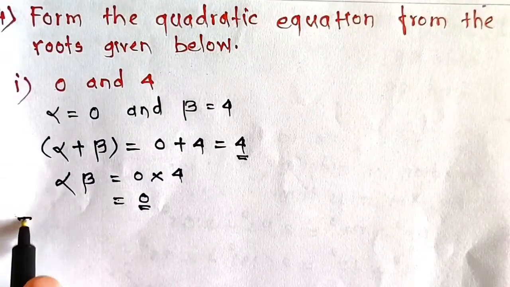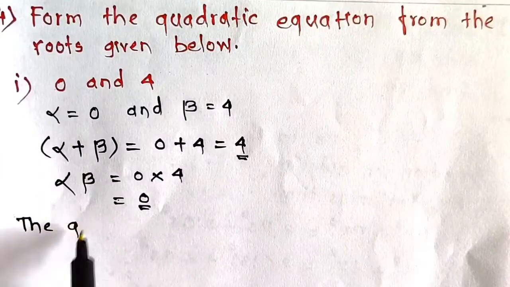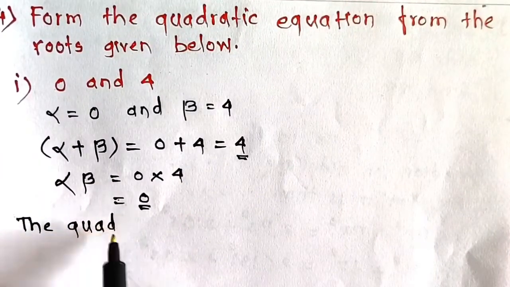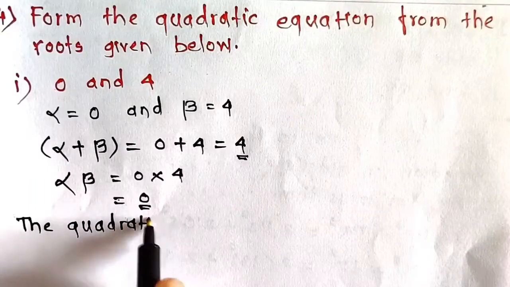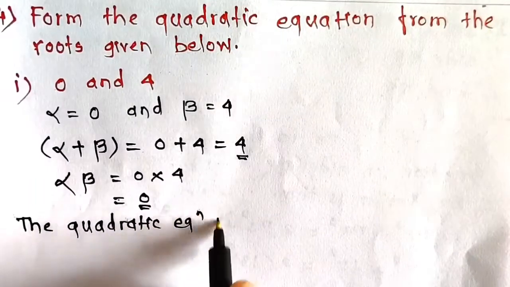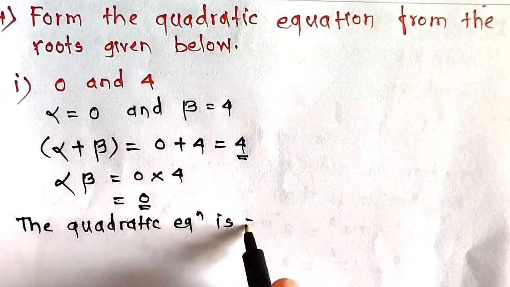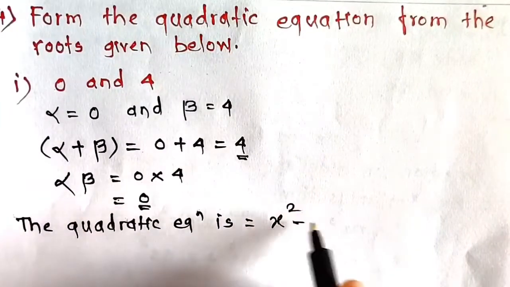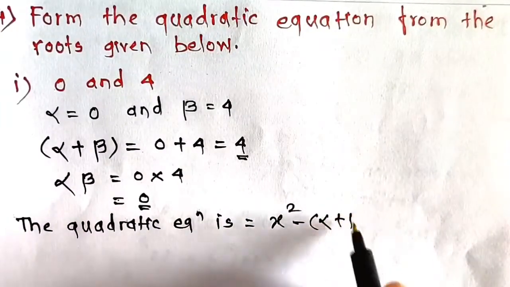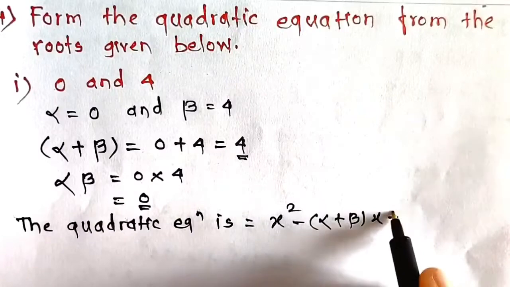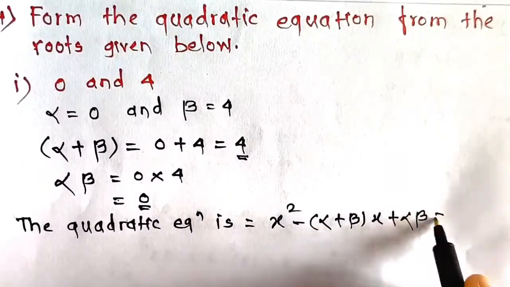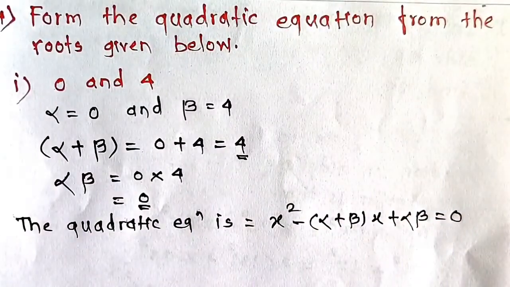Now the expected quadratic equation is, what is the formula? x square minus alpha plus beta times x plus alpha beta is equal to 0. That is the formula.